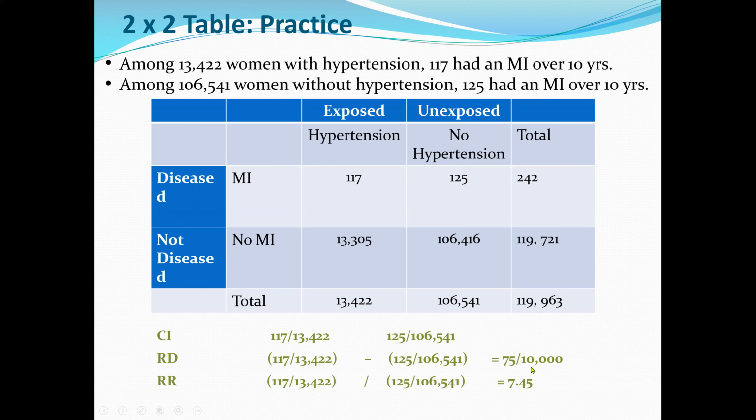So if our relative risk is equal to 7.5, then we mean to say that women with hypertension, again, if the value is greater than 1, it means the exposure has an effect on the disease. So by this time, this will be 7.45 times as likely to have MI over a 10-year period.